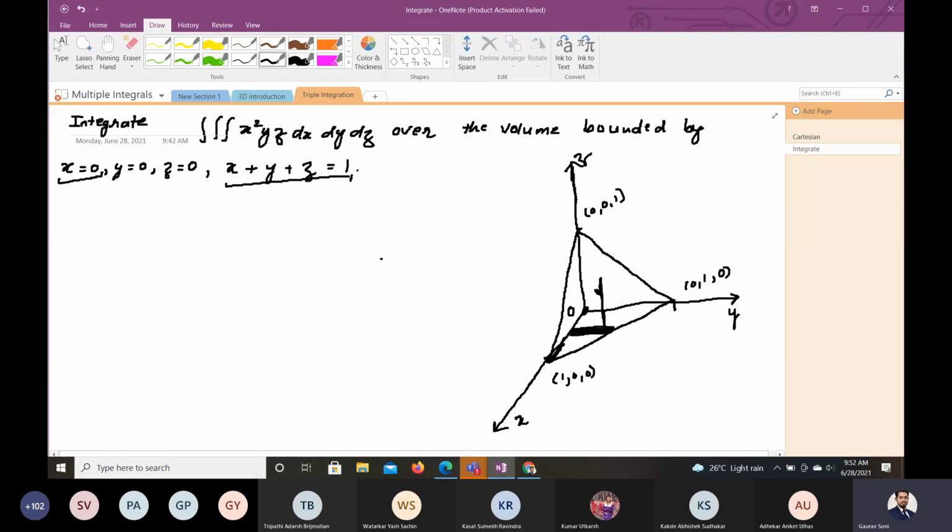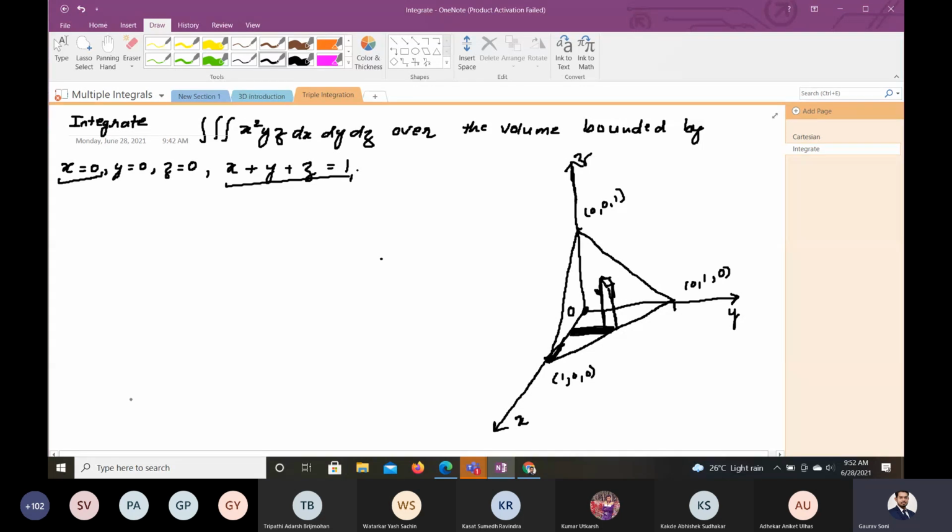I'll consider a pillar which starts from this base and goes up to the upper boundary. Look, the idea is simple now. You'll cover the ground with the strip parallel to x-axis or y-axis, and on that ground you consider the vertical pillar. When you consider the vertical pillar, it will give me the value of z, as you can see. So this is the complete idea when you want to integrate in Cartesian coordinate system, a triple integration.